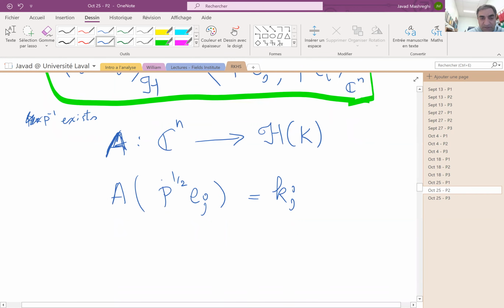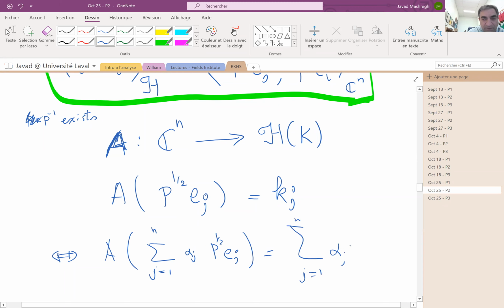The formula I wrote here is equivalent to saying that the main point is here: the sum for j from 1 up to n of a constant alpha j, P half Ej is equal to the sum of alpha j Kj.